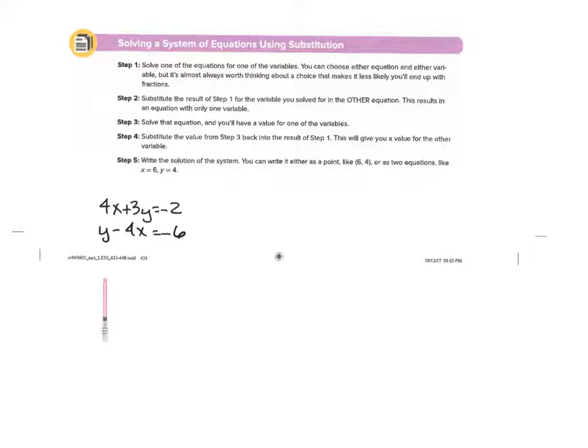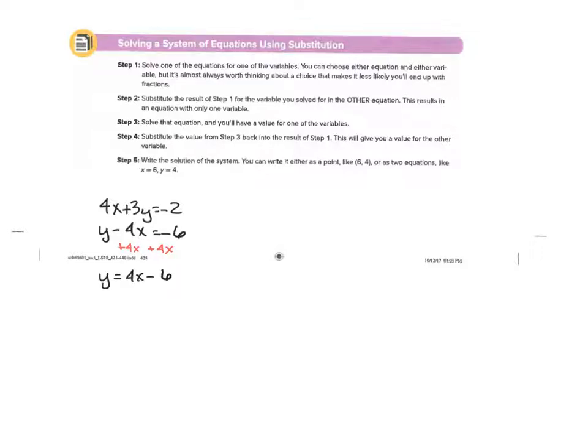Well, I think that this equation right here is going to be really easy to solve for y. So I will do that right now, and I'm going to add my 4x to both sides. So my new equation is going to be y equals 4x minus 6.